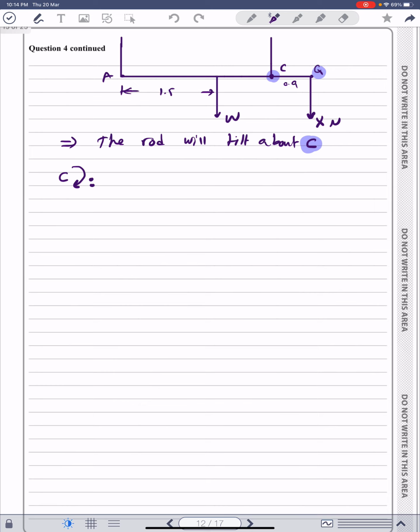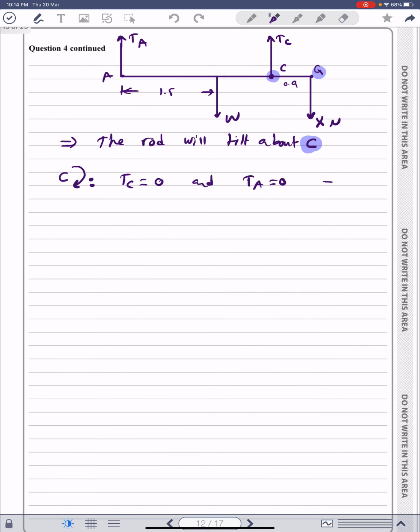When you decide taking the moment at C, directly the tension at C is zero, because it's on C, and also the tension at A will be zero. If you don't see this very well, I will show you a small sketch here.